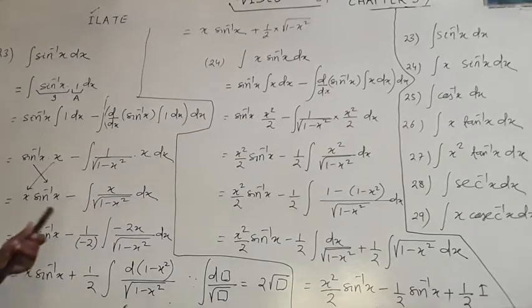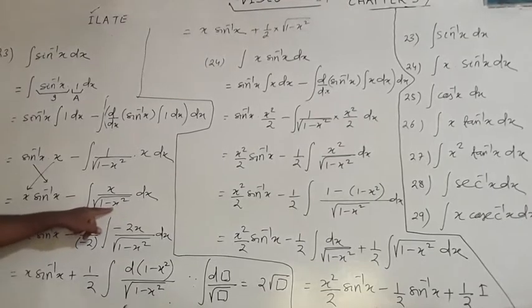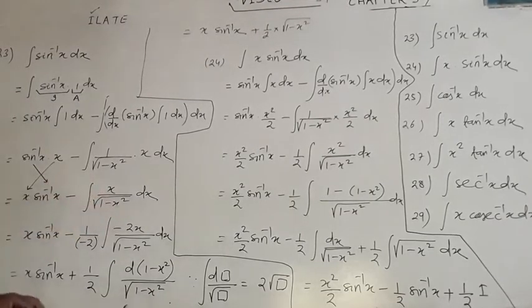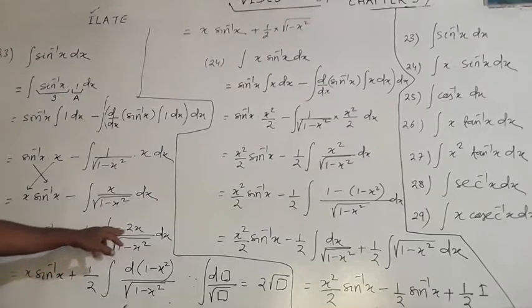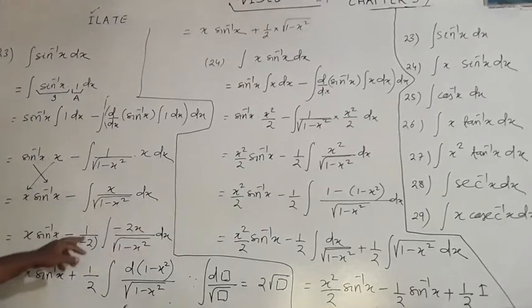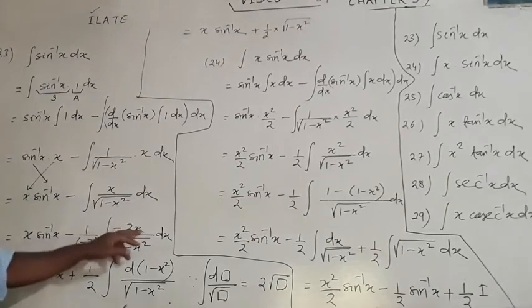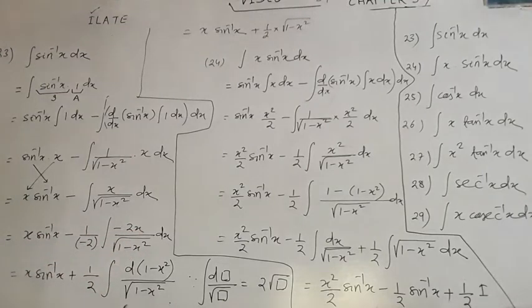This is in which category? Look at here. This is algebra by the root of a quadratic, and it is very clear that the derivative of the quadratic is minus 2x. So keeping minus 2x above, I have to multiply by 1 by minus 2. So it is 1 by minus 2 into minus 2x by root of 1 minus x square dx.